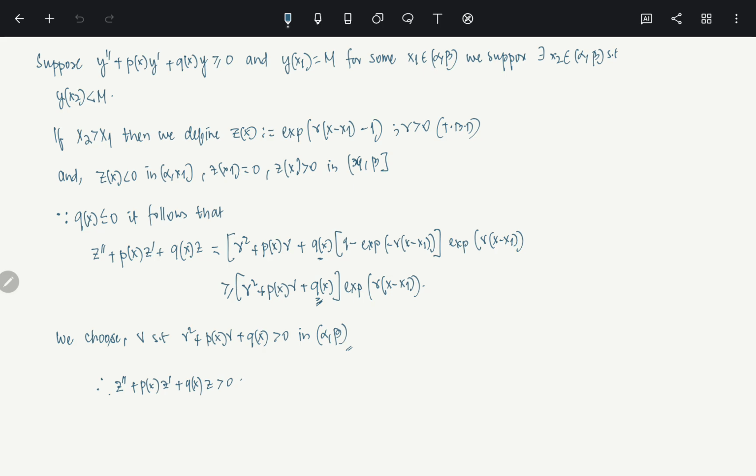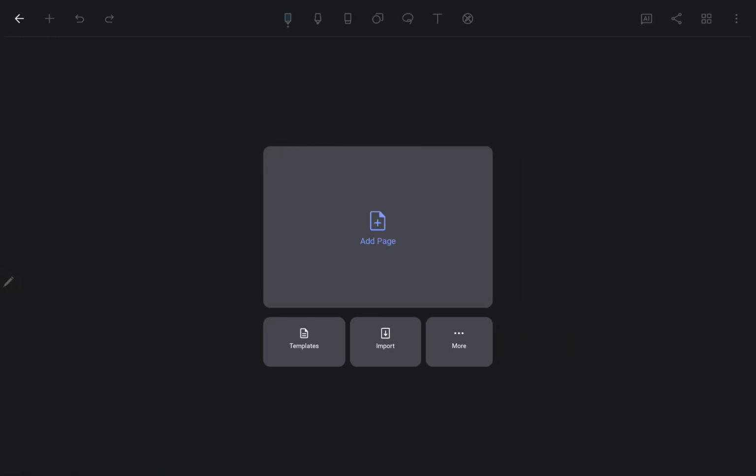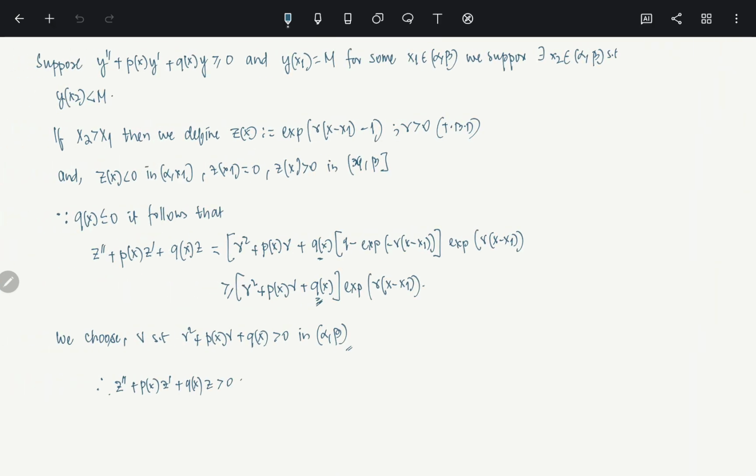So use the same logic as in theorem 1 to arrive at a contradiction. I hope this is clear to you. Is it okay?